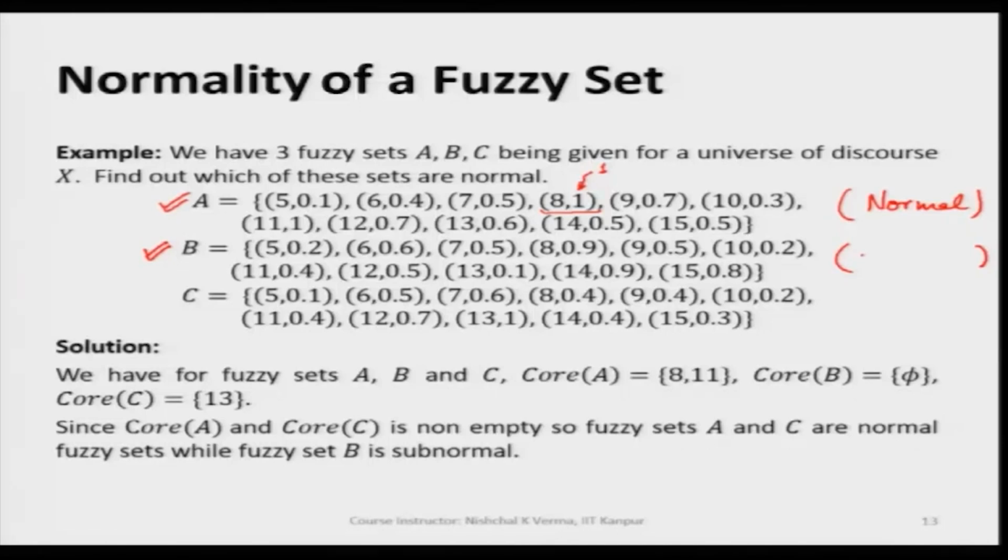So, we can say this fuzzy set is not normal, or we can say the B fuzzy set is subnormal.